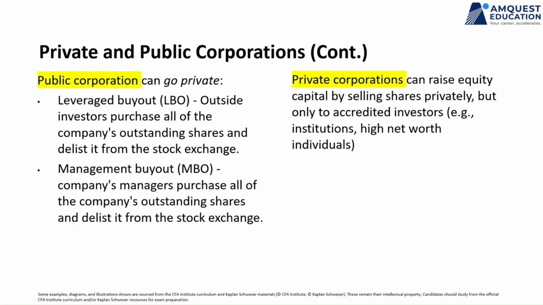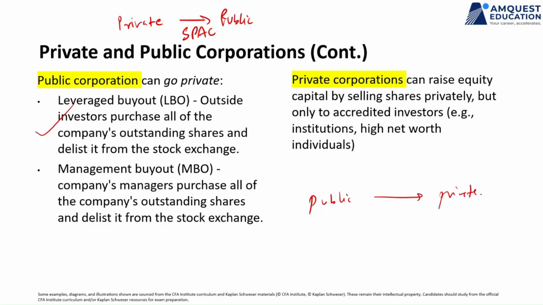The public corporations can also go private. So you can go in reverse, right? We just talked about private becoming public, and we said a SPAC can help you do this. In the same setup, a public company can actually go private. Now this can be done possibly via an LBO.